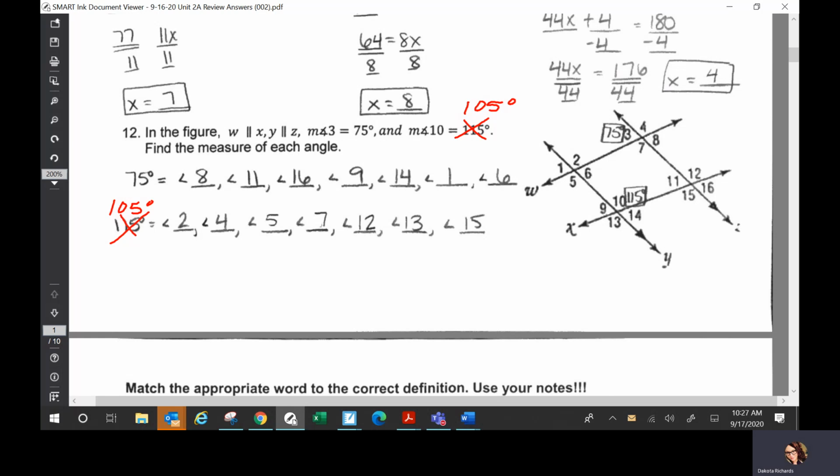You had to fill in all of the missing angle measures. And what this says is W is parallel to X and Y is parallel to Z. Any questions?